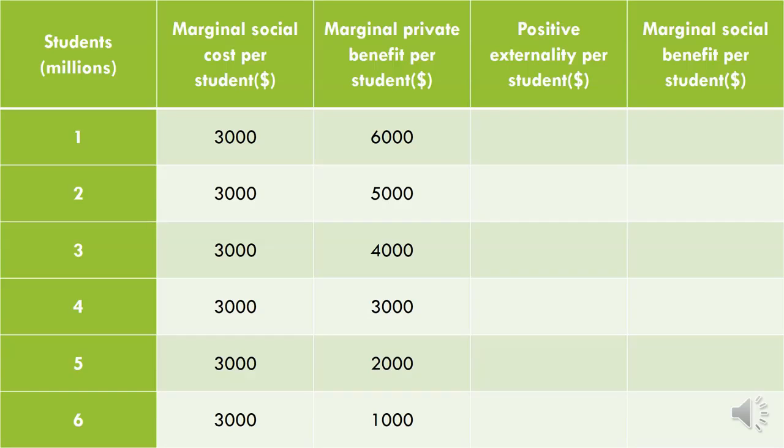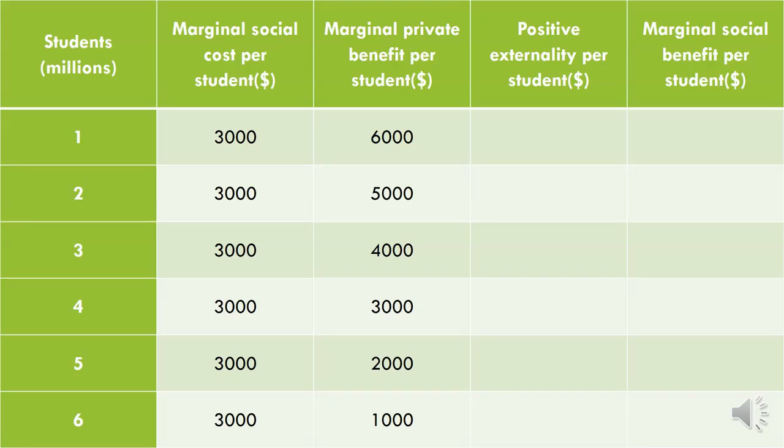Now, if we look at the marginal private benefit per student column, this is the benefit that will be derived by a student from that, a student alone, no one else. We can see for the first million students, we're assuming here, this is of course ridiculous, silly numbers.